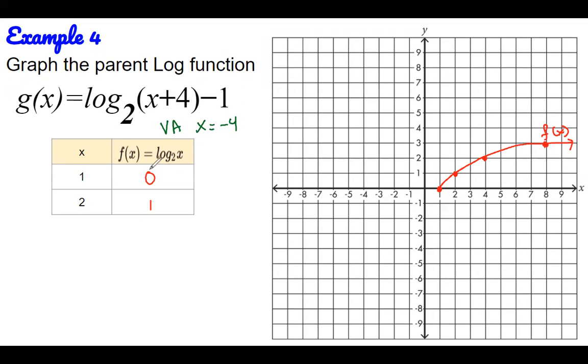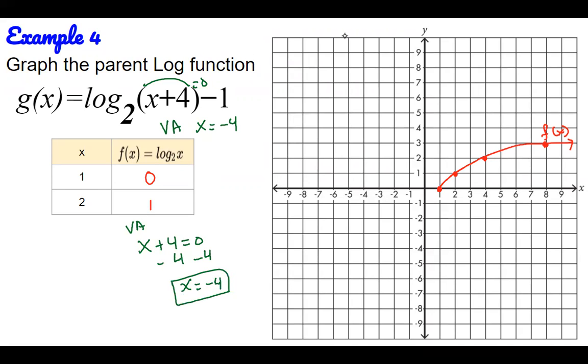How do we get negative 4? We make this equal to 0. So we have x plus 4 equals 0. So subtract 4. Sorry, I wrote it wrong. Sorry, guys. So we subtract 4, therefore we get x equals negative 4.